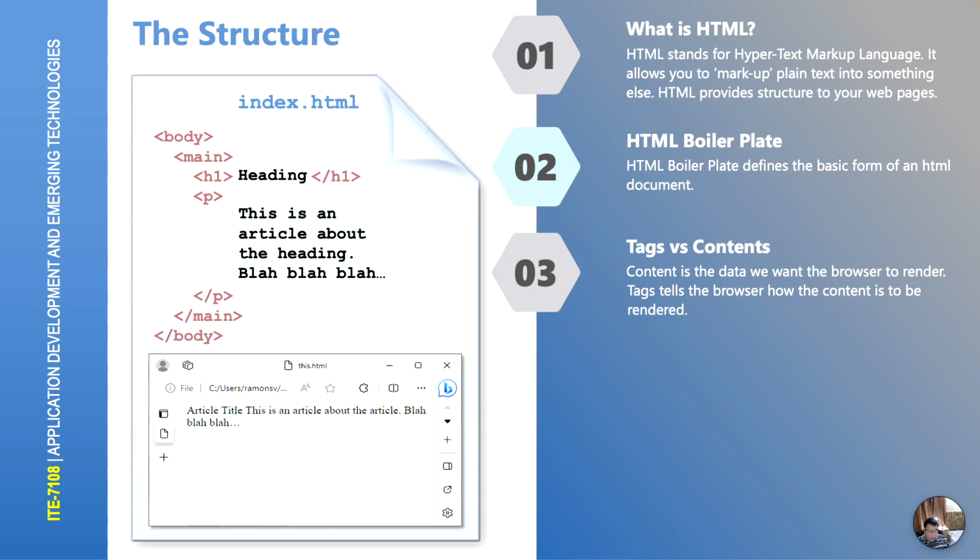The closing tag consists of an opening bracket, the slash character, followed by the tag name, followed by the closing bracket. The normal format of an HTML document is opening tag, content, closing tag. With the tags on, the browser will now be able to render the HTML file correctly.